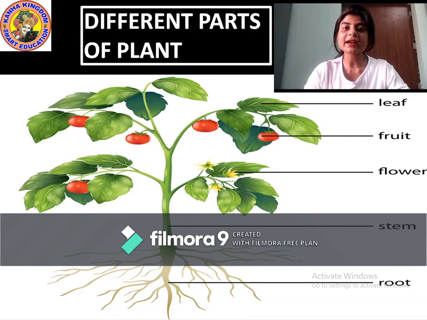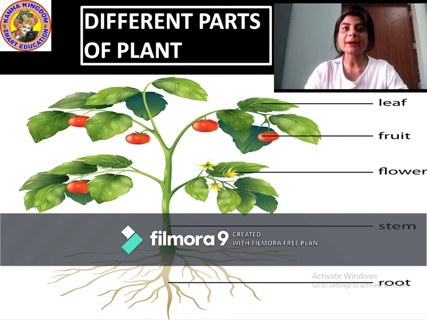Can you see? Leaf, L-E-A-F. The green color is the leaf of a plant. Then the red one, F-R-U-I-T, fruit, is the fruit of a plant.